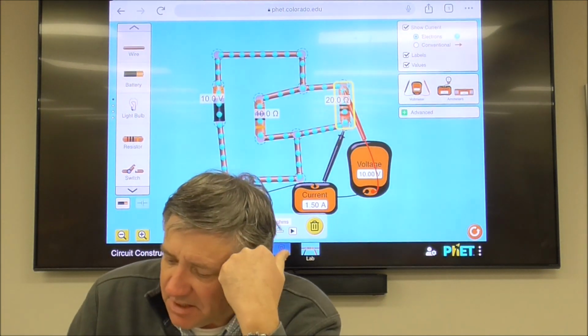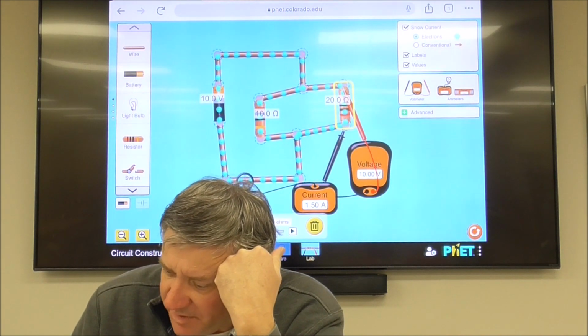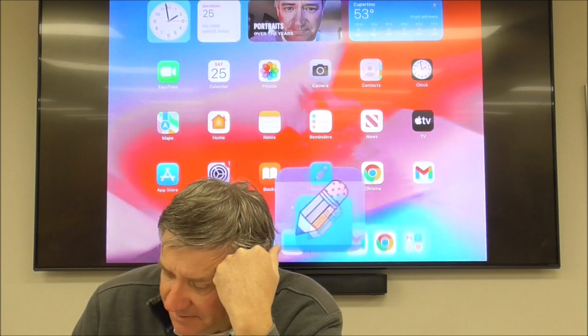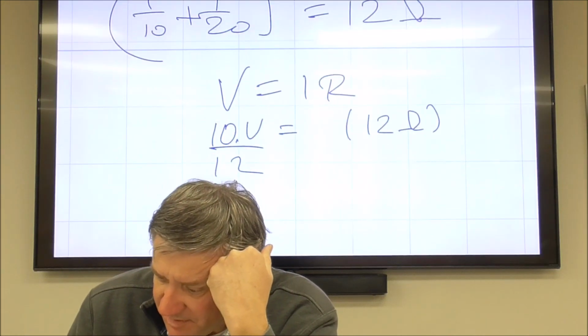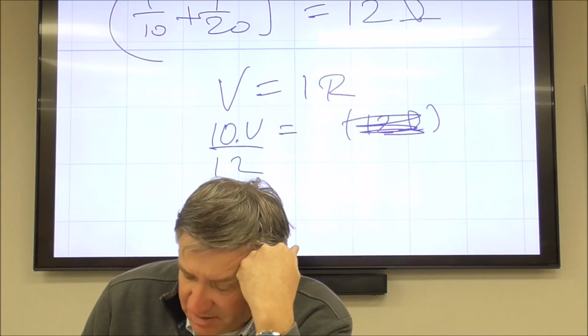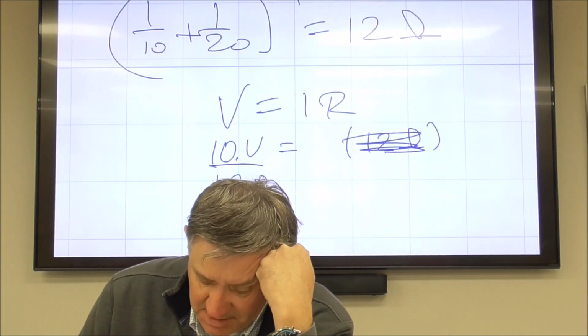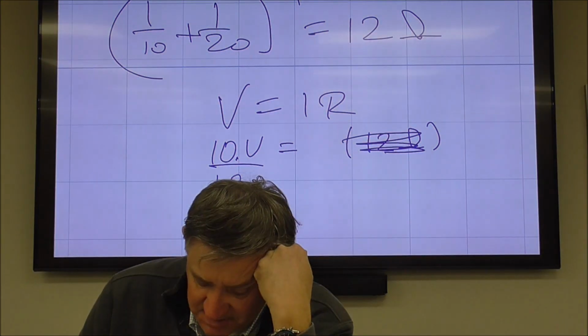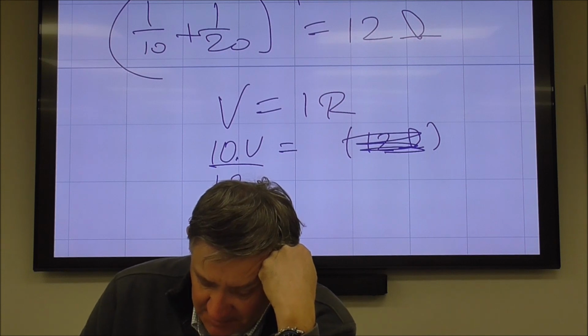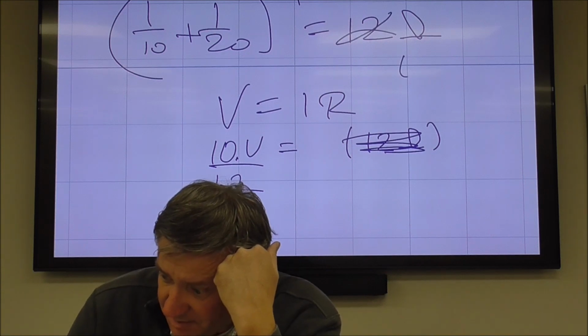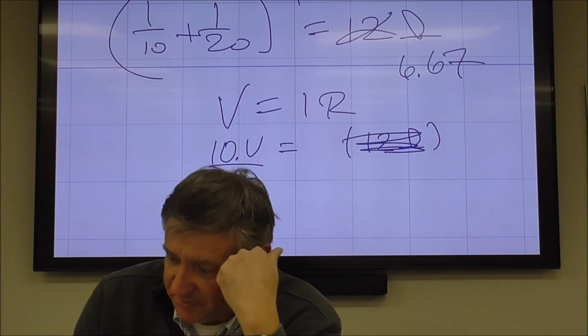Okay, so notice that the current here is 1.5 amps. Because mathematically, this is where it went wrong, when I take the 10 plus the 20, and then the inverse of that, I get that to be not 12, but 6.67.